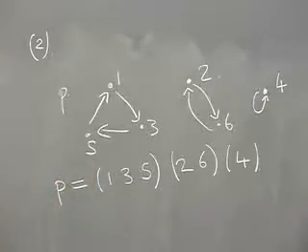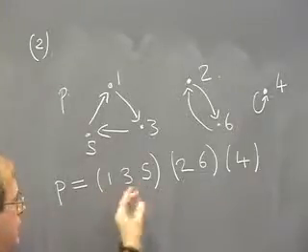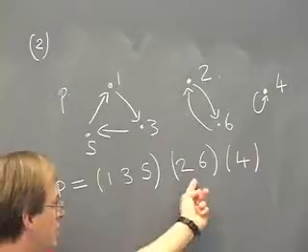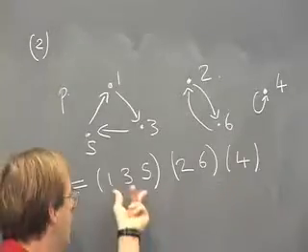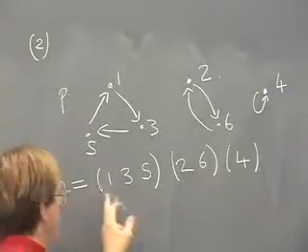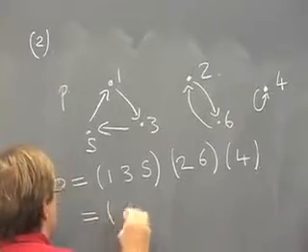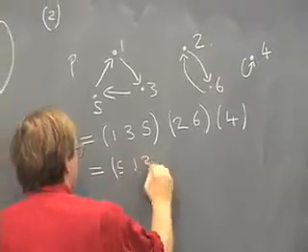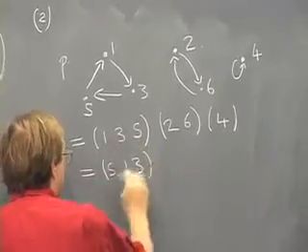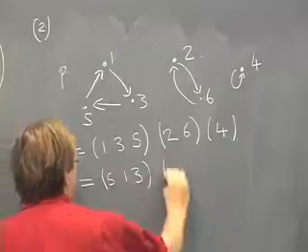And there's a certain amount of ambiguity when you write this. Well, I mean, there's not a unique way of writing P in cycle notation. I can put the cycles in different orders, and within each cycle, I can rearrange the order of the letters. So I could also write this as 5, 1, 3. I can cyclically permute these, because 5 goes to 1 goes to 3. Depends where in this triangle I start.